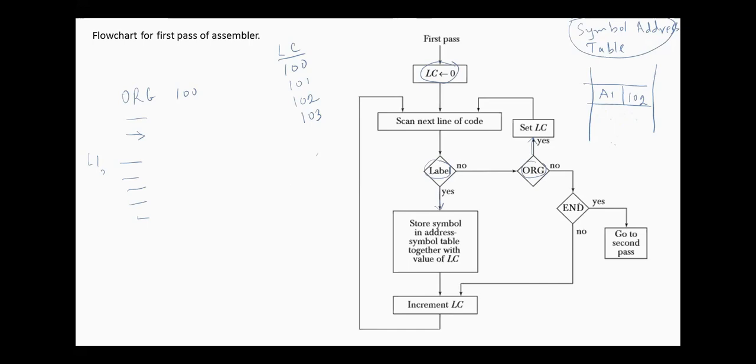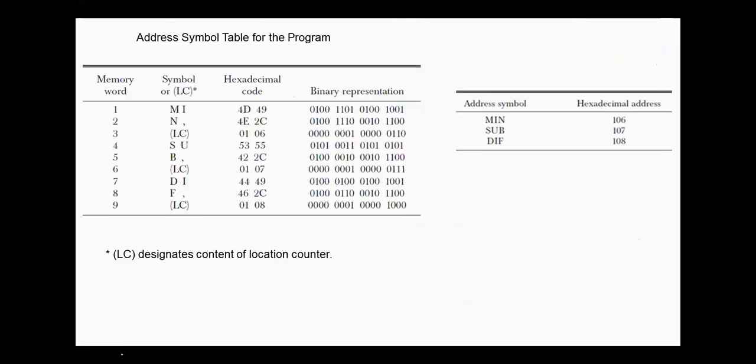When we encounter end, we start the second pass of the assembler. This is the address symbol table for the program of subtracting two numbers. Here we have MIN and the contents of the location counter. Here is MIN at location 106.